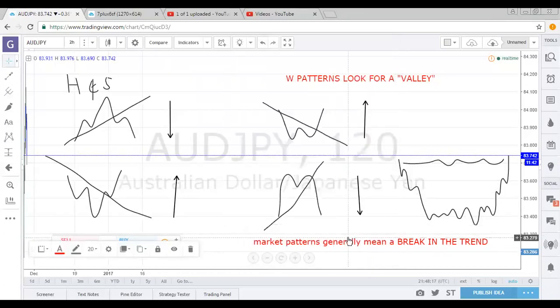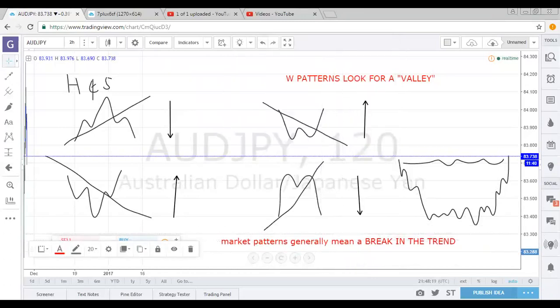So, all right. Market patterns generally mean a break in the trend. So I would say to look for trends, and that's what makes these patterns so easy to spot and so reliable, is because you're going off of a reversal.